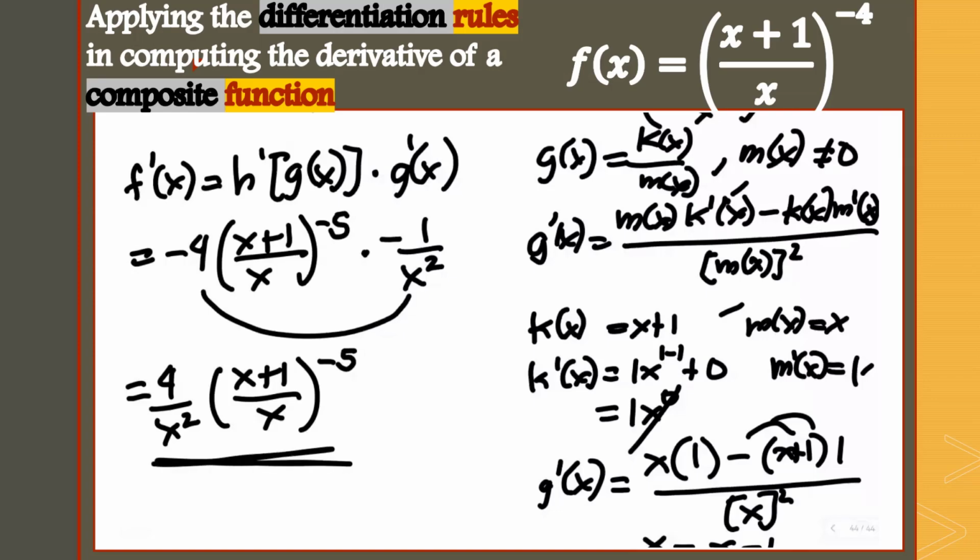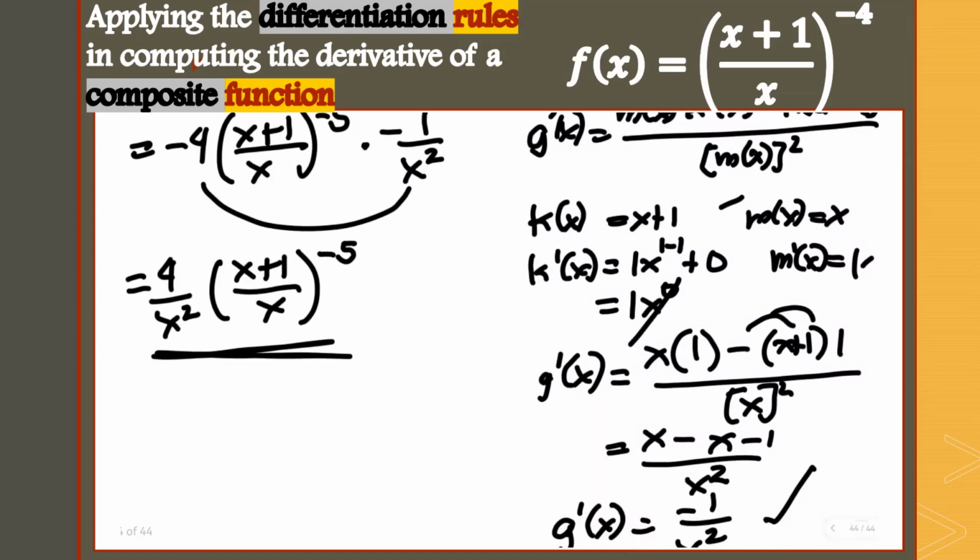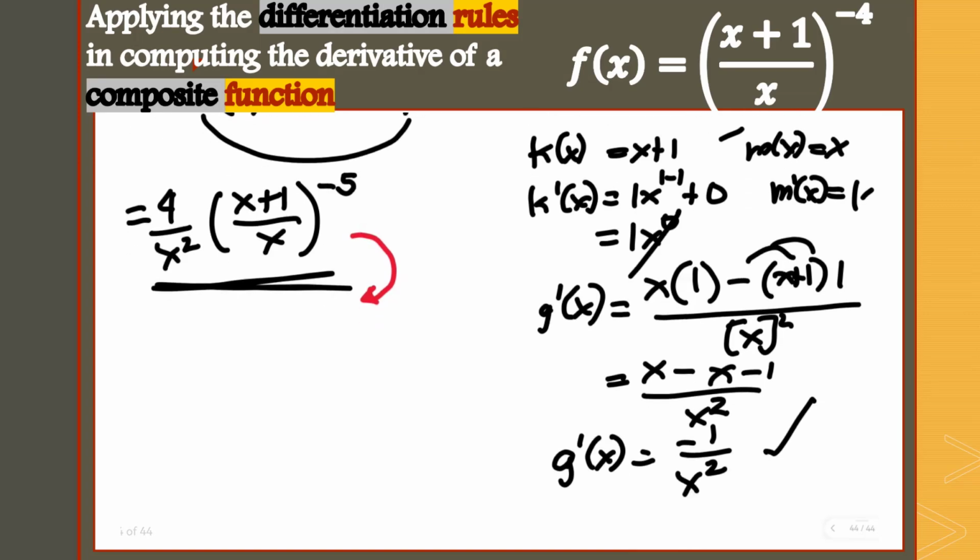But if you would like to move that further, of course, I'm just going to insert it here. This is not a necessity if your instructor is allowing you to do this, but using the power rule for the laws of exponents, this is actually (x plus 1) raised to the power of negative 5 over x to the power of negative 5. I'm doing that because my denominator here is x squared, and you can combine that, right?